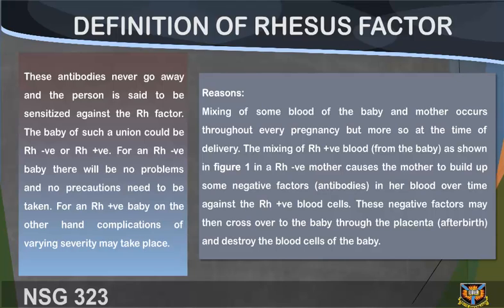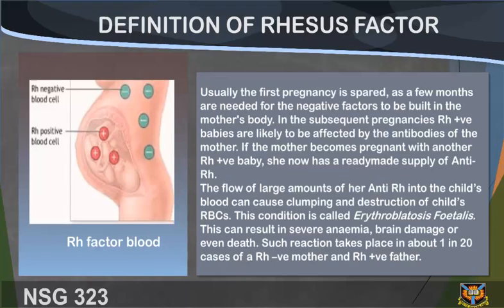The mixing of Rh positive blood from the baby, as shown in Figure 1, in an Rh negative mother causes the mother to build up some negative factors, antibodies, in her blood over time against the Rh positive blood cells. These negative factors may then cross over to the baby through the placenta after birth and destroy the blood cells of the baby.